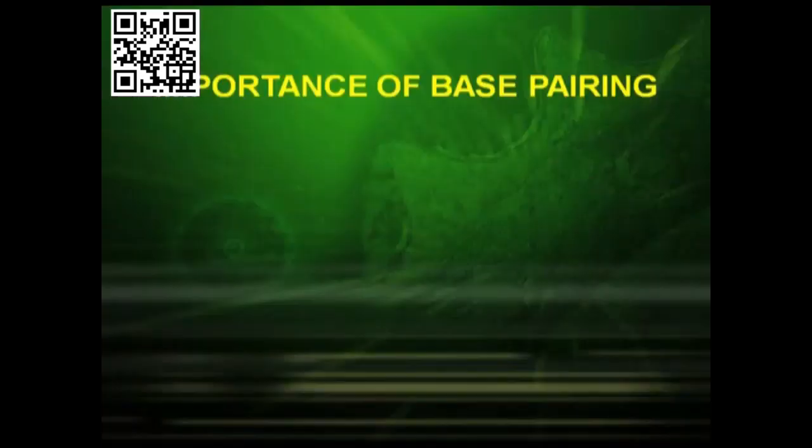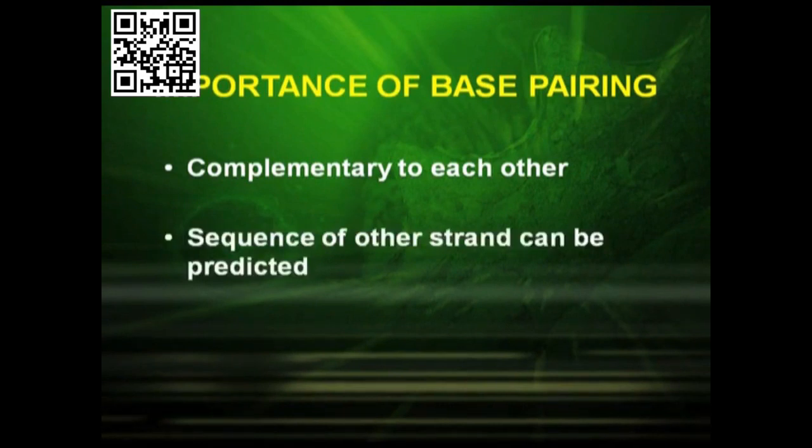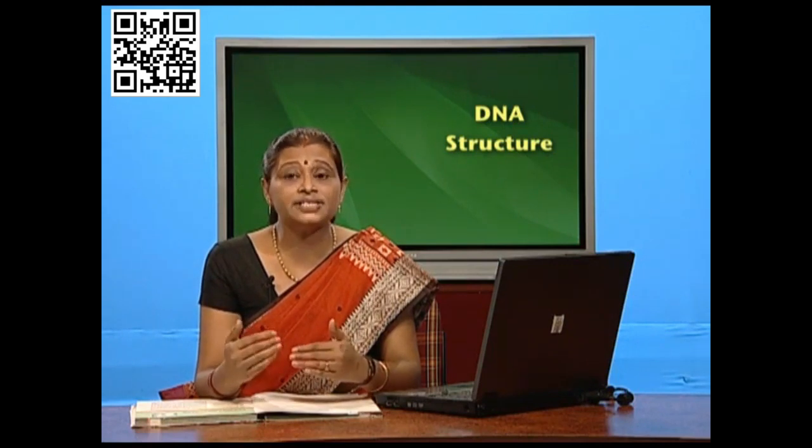Another important feature, let us study the importance of base pairing. Number 1, it provides complementarity to each other, and second, it helps the sequence of the other strand to be predicted. That means you can predict the bases of the other strand if you know the nitrogenous bases in the first strand.